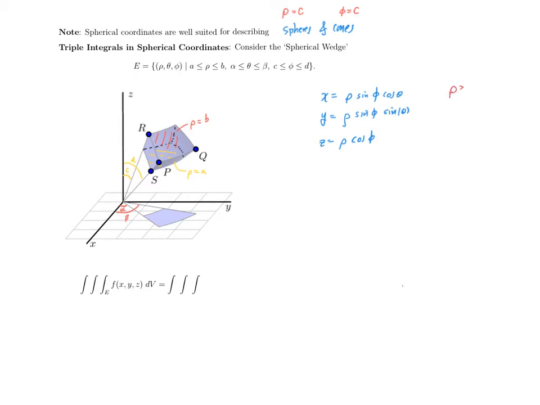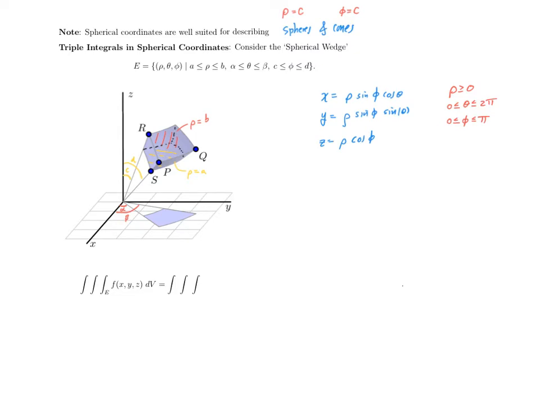We think of rho, since it measures a distance from the origin, as being a non-negative quantity. The theta value can range from 0 to 2 pi, as it always has, and the phi value can range from 0 to pi, and that's simply to make sure that we're not counting or representing a point in two different ways.